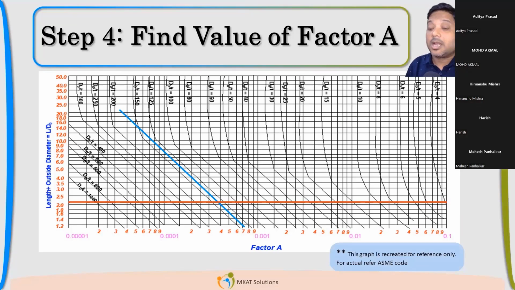If I want to find the exact value of factor A, is there any other method? If I don't want to refer to this graph, because the graph will not give me the exact value of factor A, it will give me an approximate value. Anybody can tell me what I will have to do if I want to calculate the exact value?